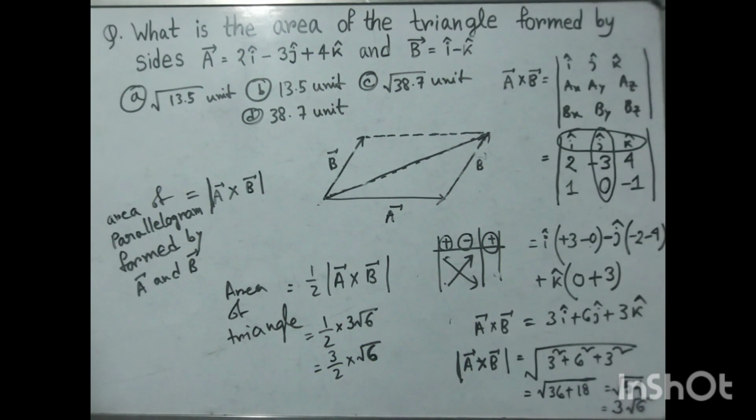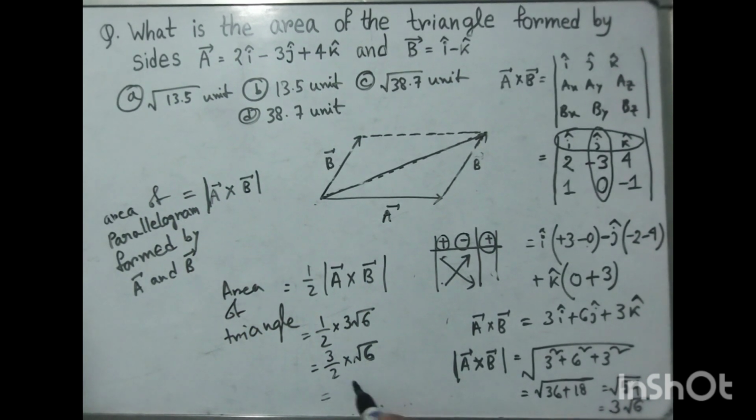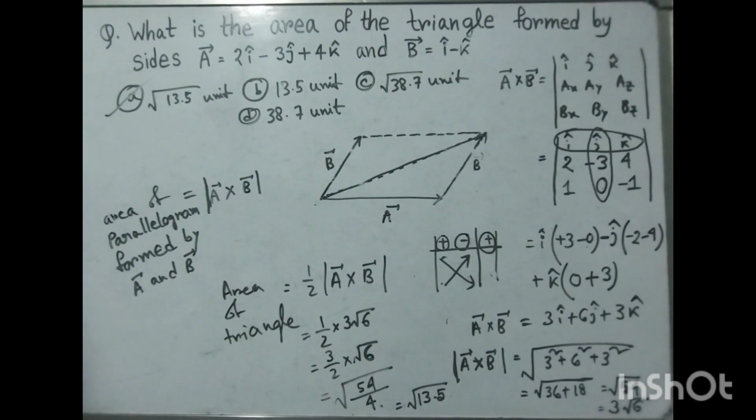So 3 by 2 means 1.5, and root 6 will be less than 3. Okay, so let's put all terms inside the root again. So this will be root 54, and this 2 inside it will be 4, so this will be approximately root 13.5. So option A is correct here.